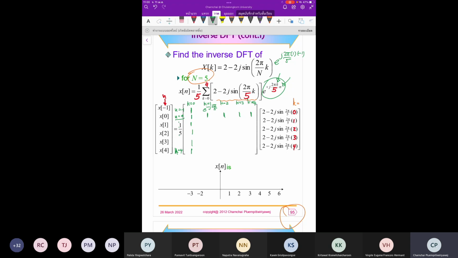And you multiply with the 2, so it's e to the negative j 4 pi over 5, e to the negative j 6 pi over 5, and e to the negative j 8 pi over 5. That's what we have, right?